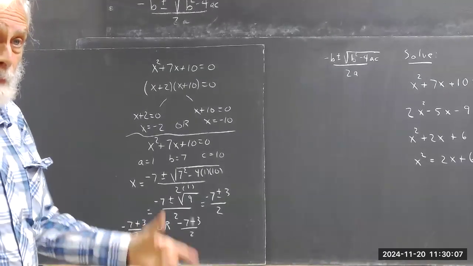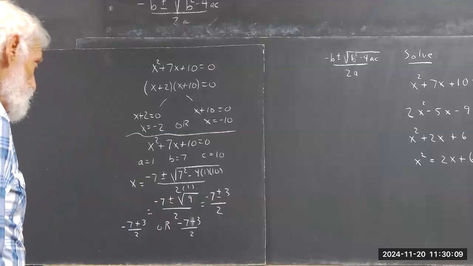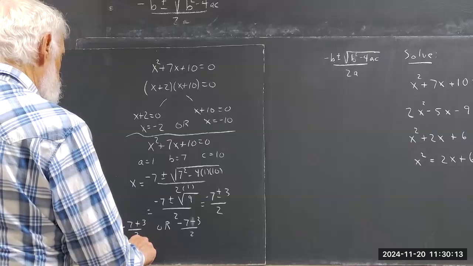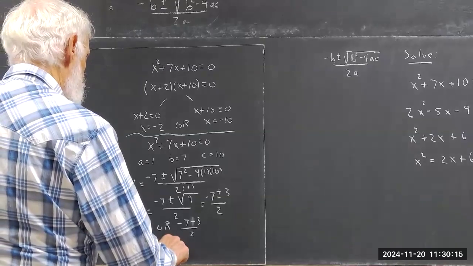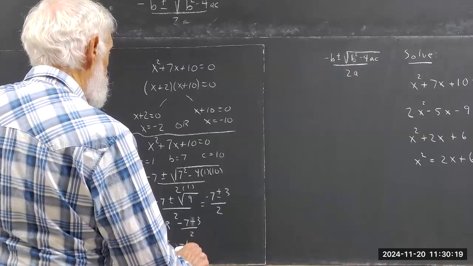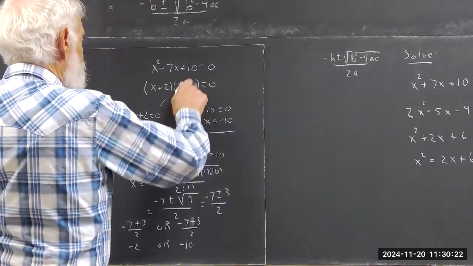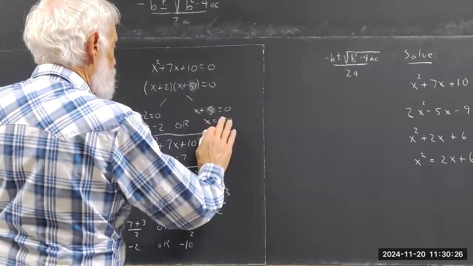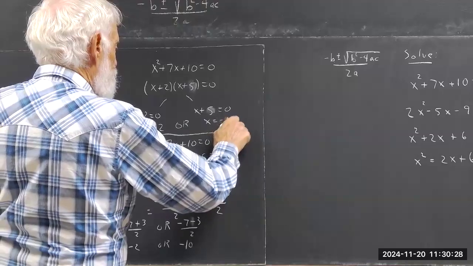Both of these are solutions, but only one at a time. And this reduces to -2 or -10. Uh-oh. And it isn't 10. I factored carelessly. It's -5.